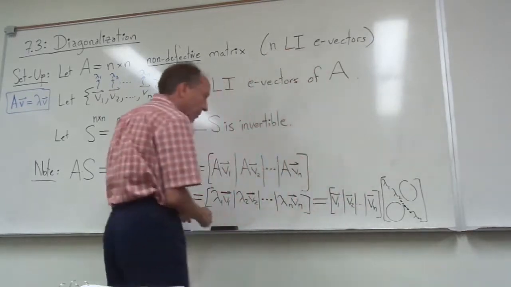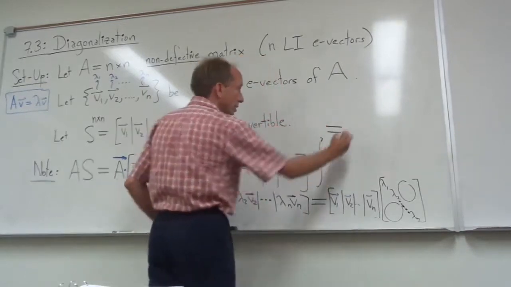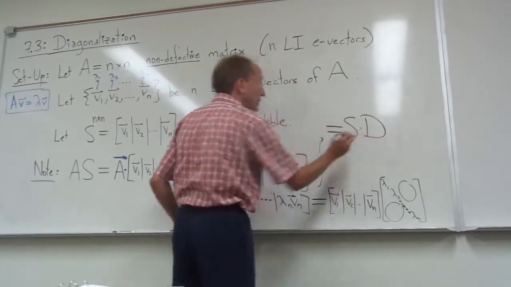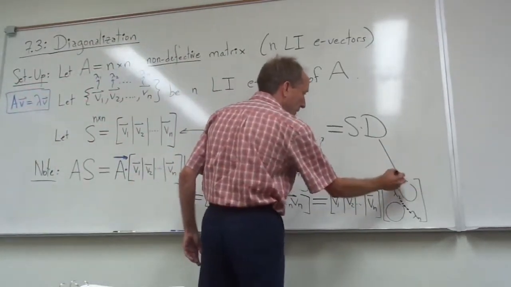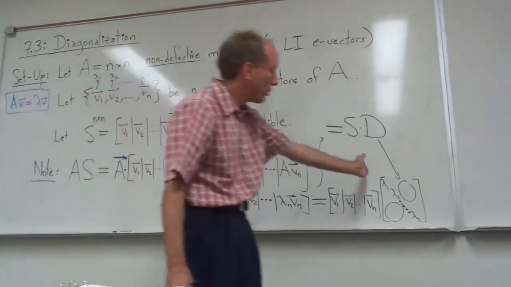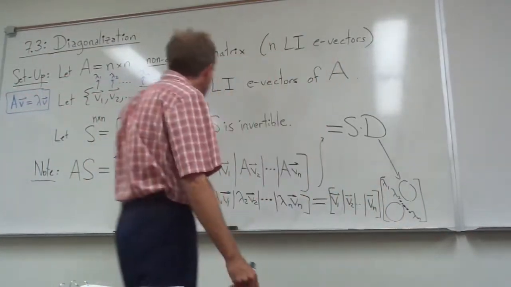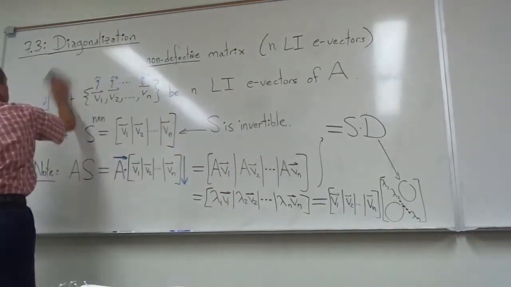The point is that therefore this is just S times a diagonal matrix D, where D is the diagonal matrix that has the corresponding lambdas going down the main diagonal. So what do we actually have here?